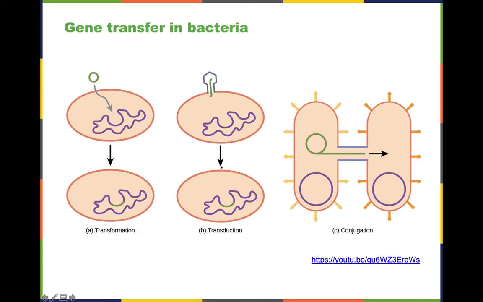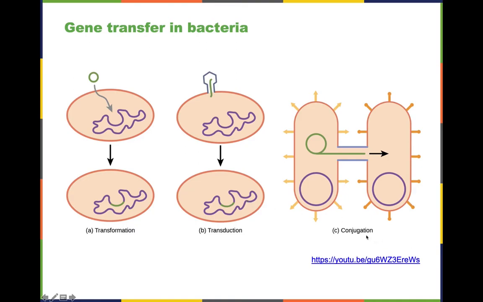Another way is transduction, which is through the use of bacteriophages. Bacteriophages are viruses for bacteria. So bacteriophages carry genetic material and they infect bacterial cells, and sometimes the genetic material of the bacteriophage gets incorporated into the genome of the bacterial cell.